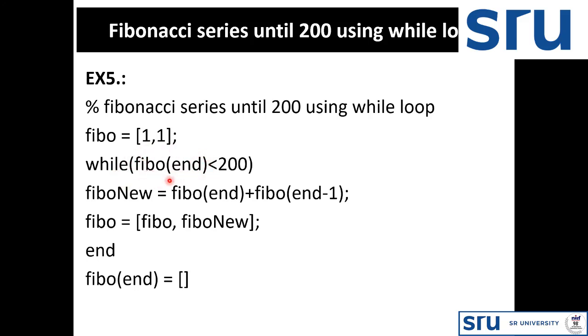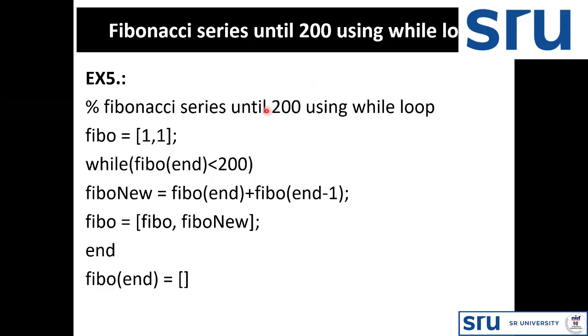That n number should be less than 200, because according to our question itself, Fibonacci series until 200 using while loop. So you have to get the Fibonacci series until this condition is satisfied.